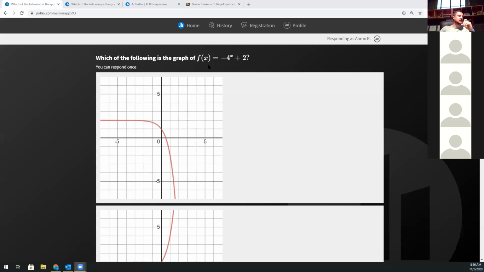Okay, so when you look at this next function that we have, I'm going to share screen so we get it in the recording at the beginning before I start writing. Here I'm looking at -4 to the x plus 2.